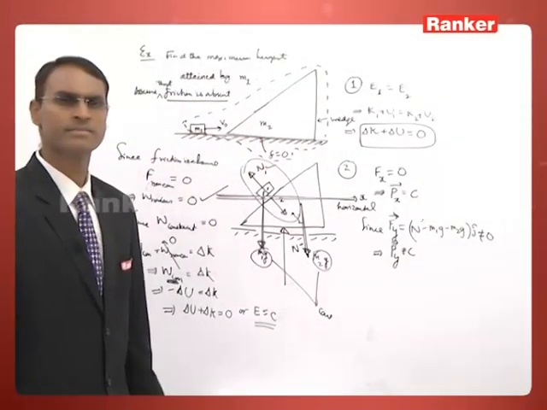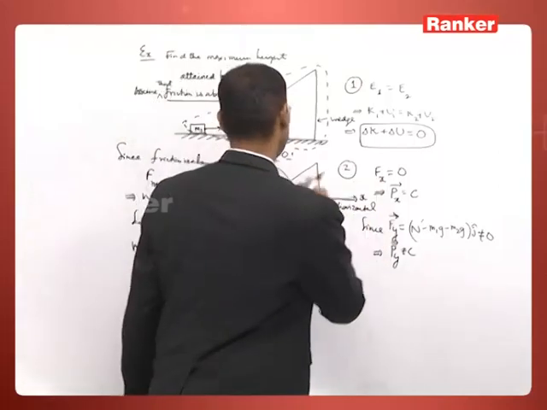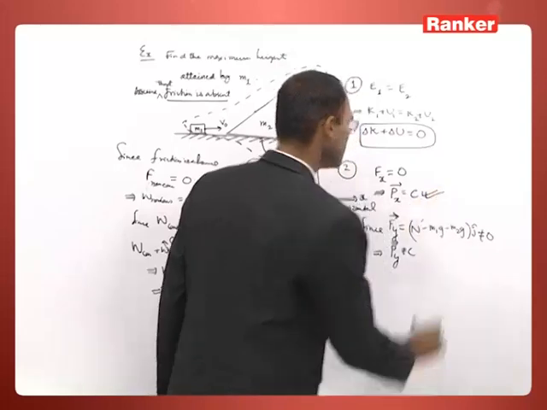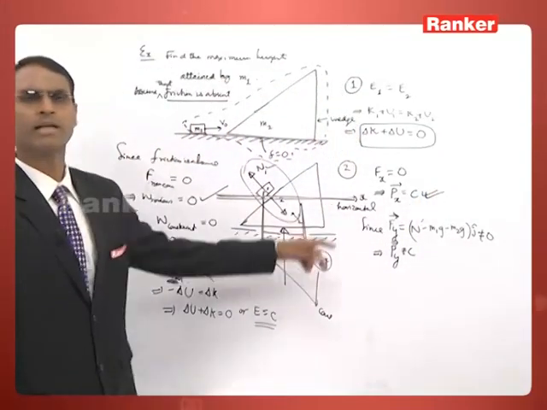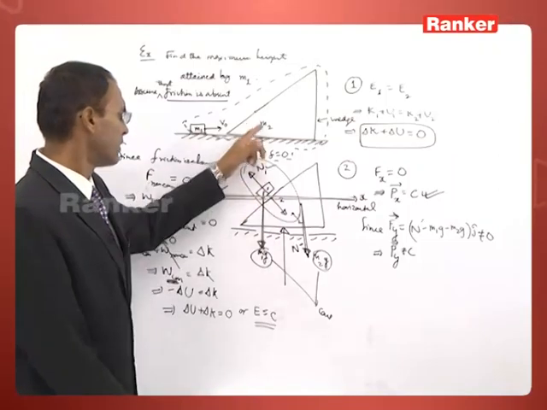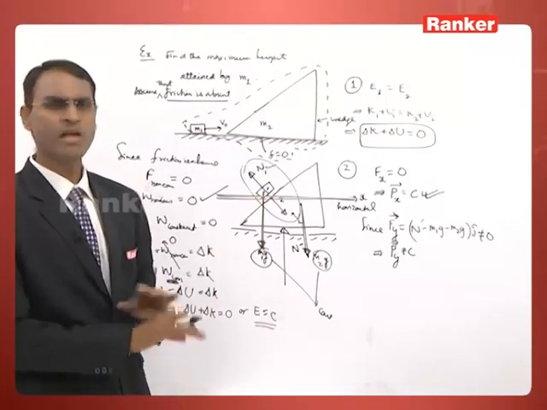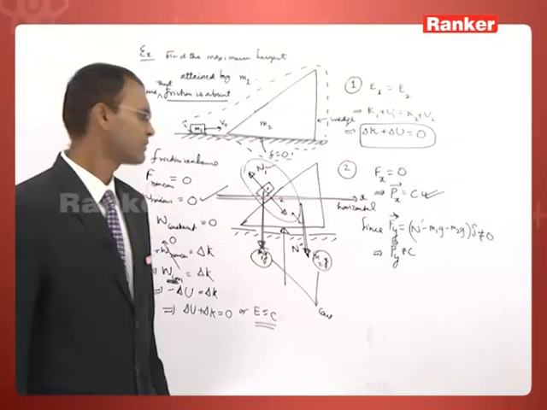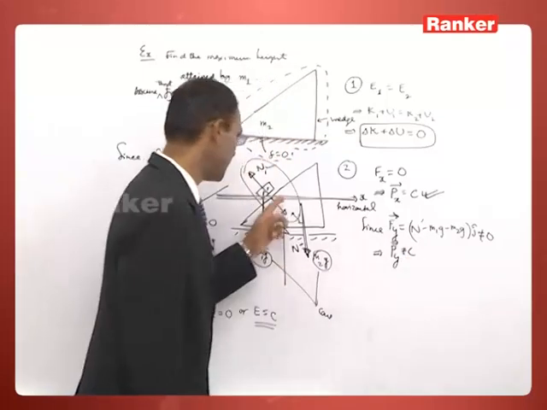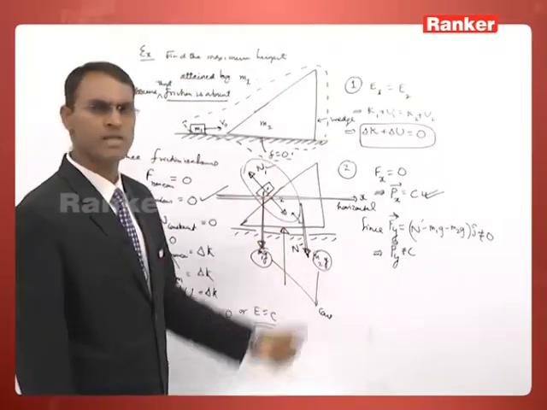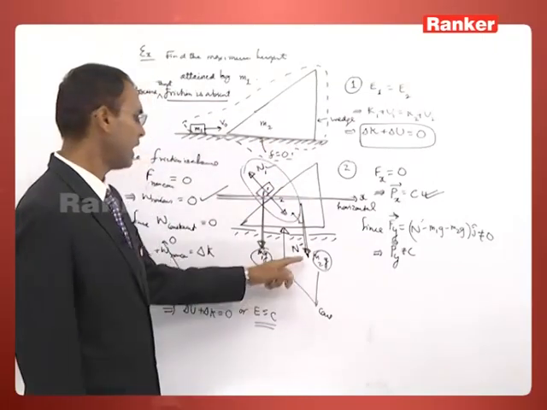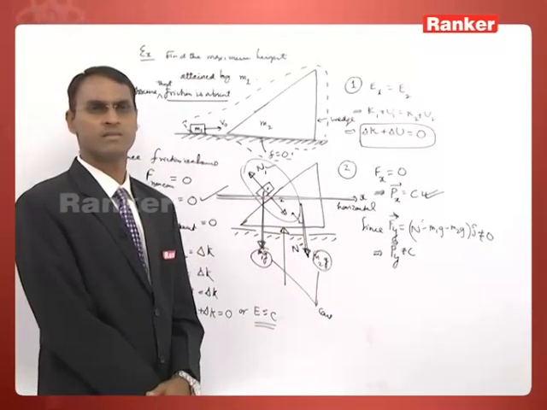That's very interesting. You can conserve the linear momentum of the system, but not in vertical direction. In which direction you can conserve? In horizontal direction you can conserve, but not in vertical direction, because vertical force is not equal to 0. The net vertical force is equal to this much, N' in j cap direction, m1g in minus j cap direction, m2g in minus j cap direction.